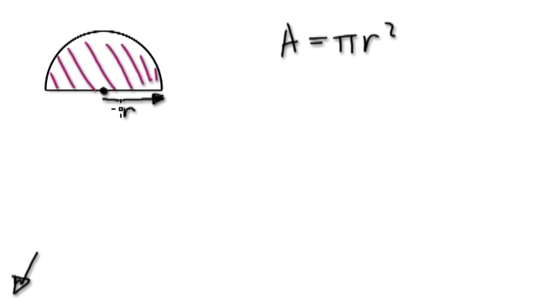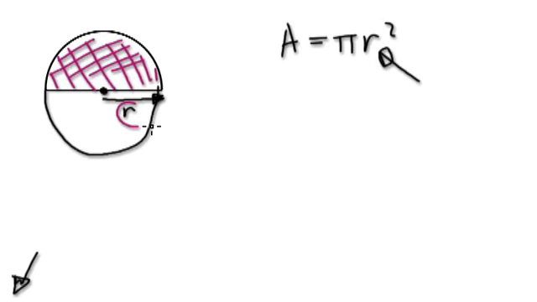If we give the radius of a circle, we can work out the area of the whole circle. So by using this, we just need to put r into here, and it will give us this whole circle.